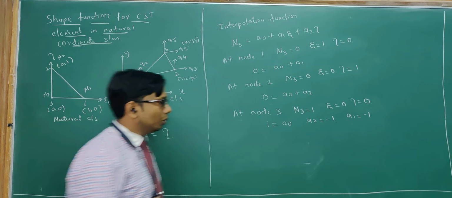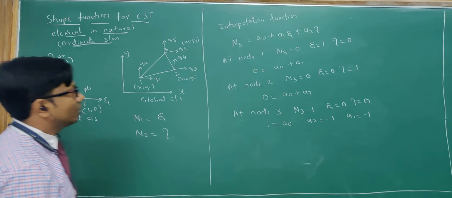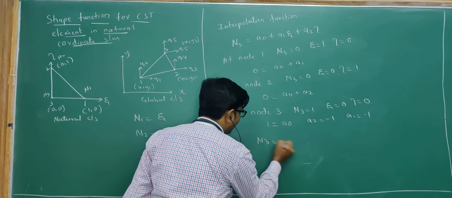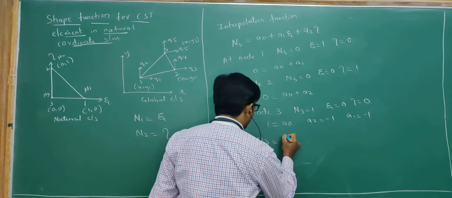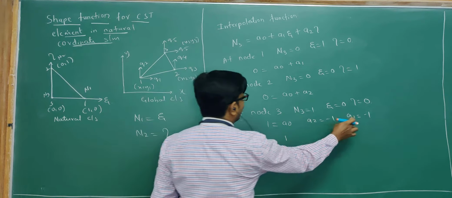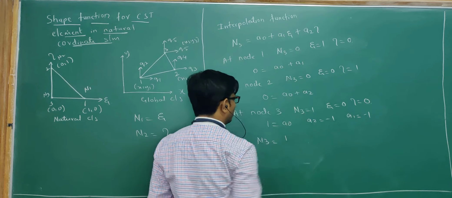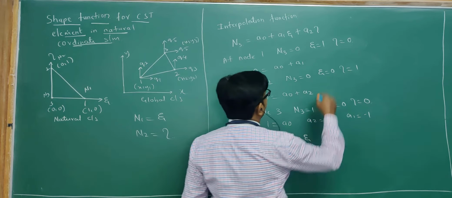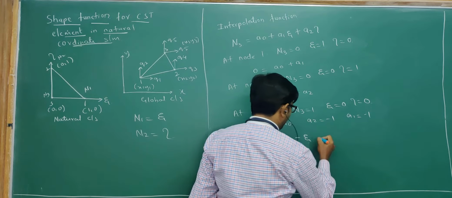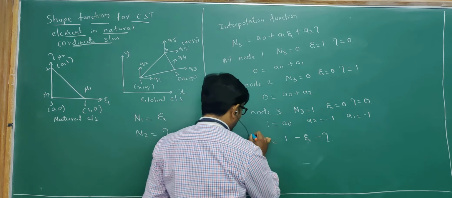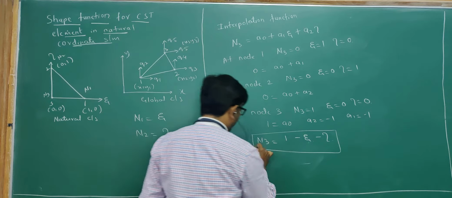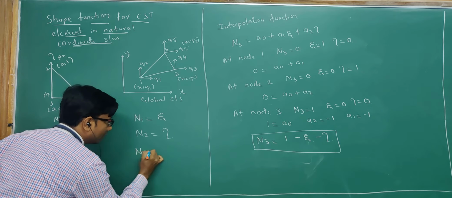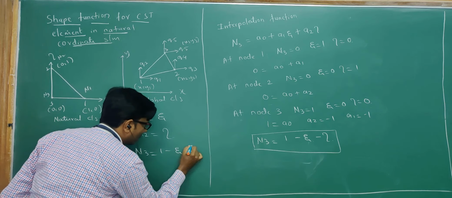So if I just write down the shape function for this, n3 will be equal to 1, as a1 is minus 1 into zeta will be minus zeta, and a2 into minus 1 will be minus eta. So this is the shape function for the third node. So n3 is equal to 1 minus zeta minus eta.